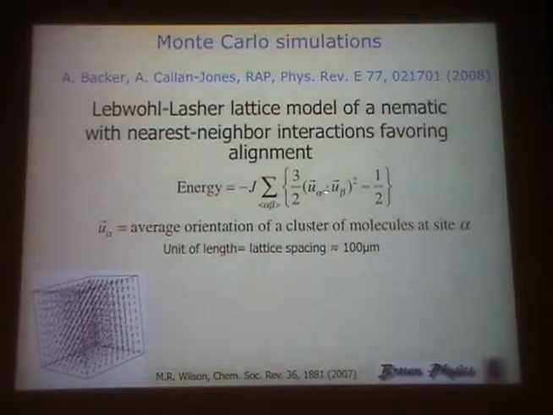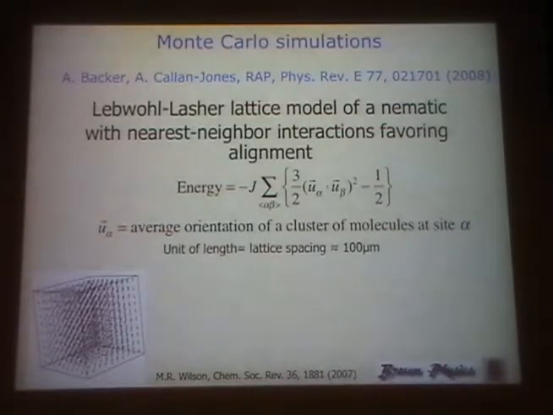So instead of just having u alpha dot u beta, saying the u's want to align with each other like they would in a Heisenberg ferromagnet, I square it, to account for this u goes to minus u symmetry. And then the reason for the 3/2 minus a half is that maybe Lek spoke about the Legendre polynomial that you use to describe nematic order.